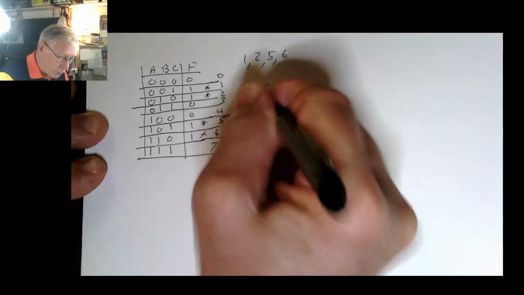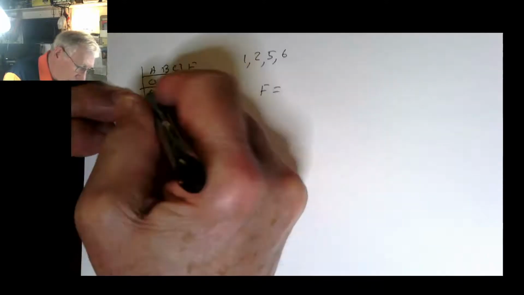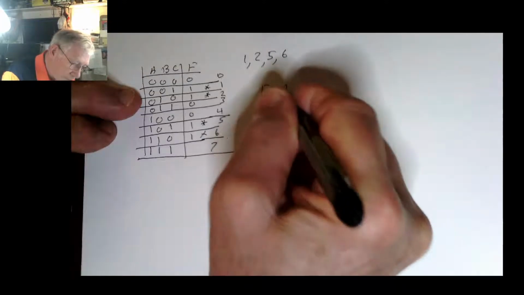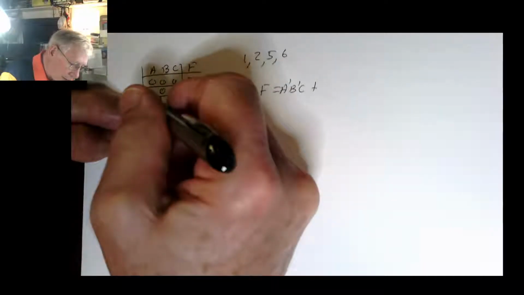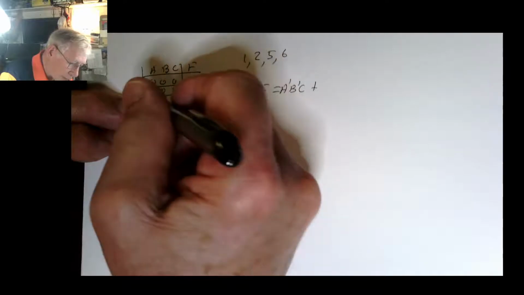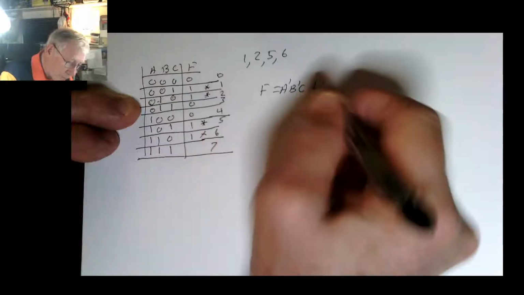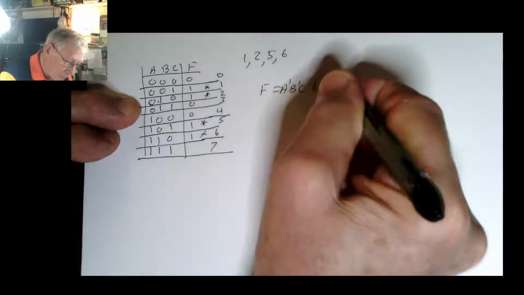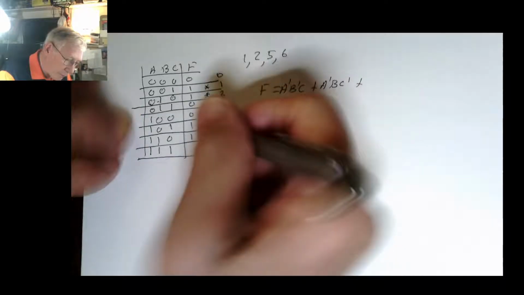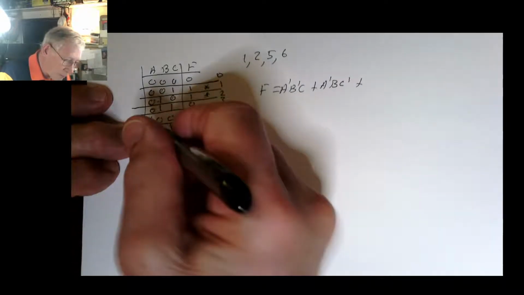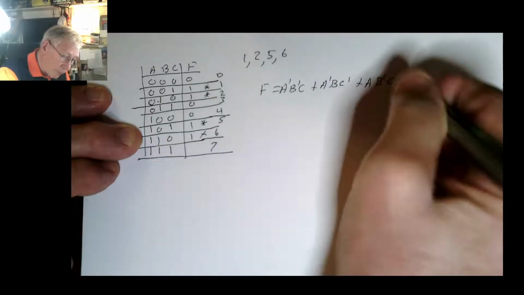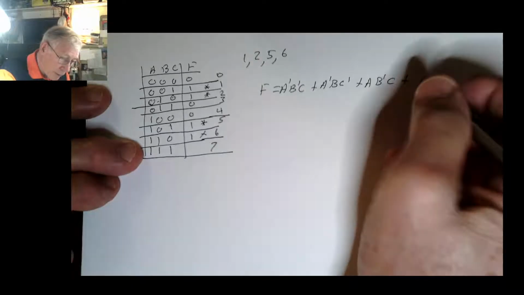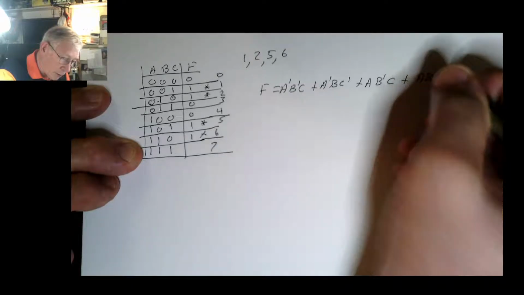So F is going to equal min term 1, A prime B prime C, plus min term 2, A prime B C prime, plus min term 5, A B prime C, and finally min term 6, A B C prime.